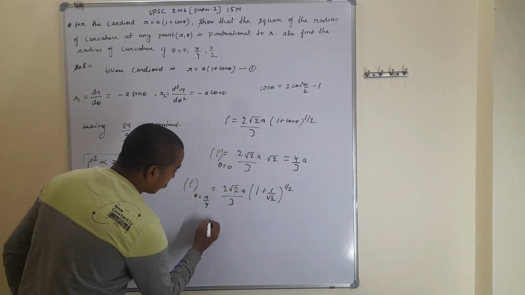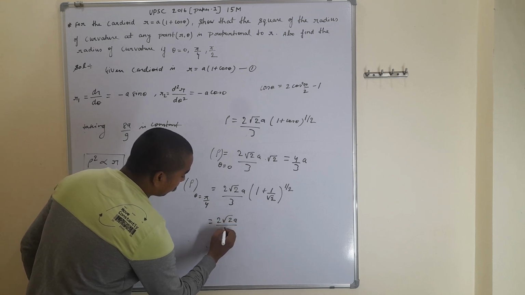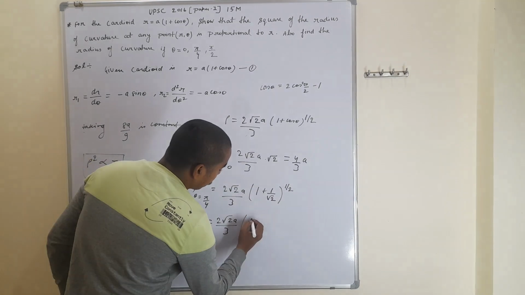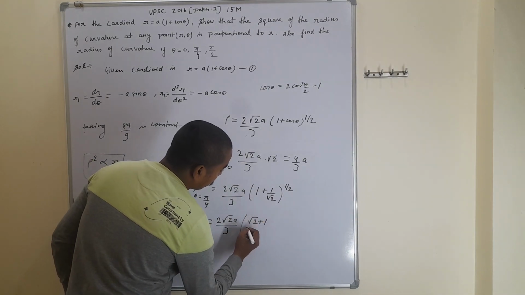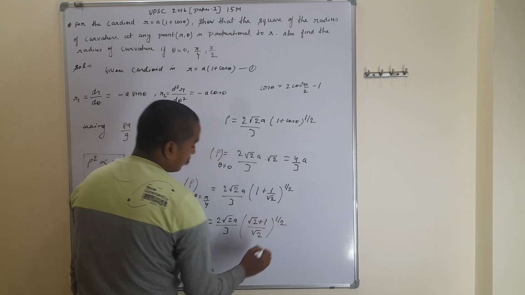On further solving, that is 2 root 2 into a upon 3 and here taking LCM, root 2 plus 1 by root 2 whole power 1 by 2.